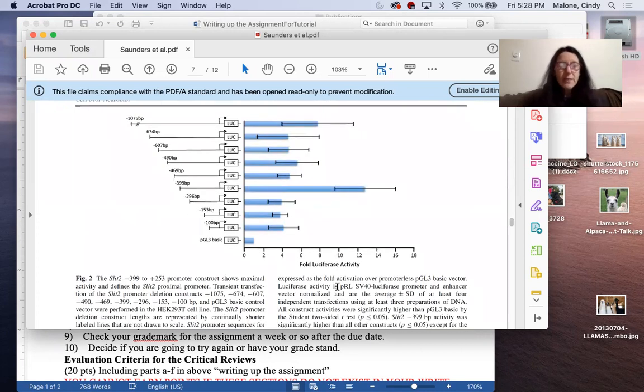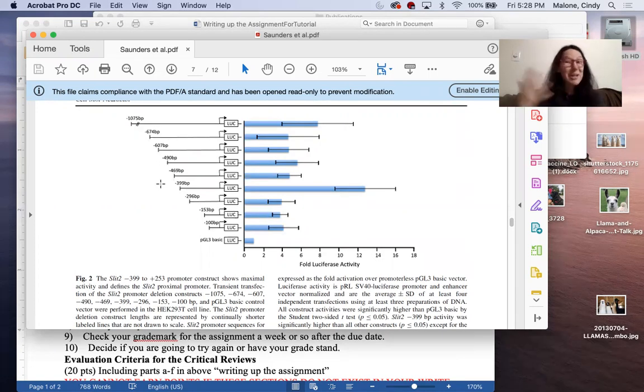So what's the hypothesis? Well, not every article is just going to tell you what our hypothesis is. They might say, we think, blah, blah, blah. The authors had to think something or they wouldn't be able to do this experiment. So for this one, they'd say something like, we think, because of our data, maximal activity would occur at our -399 piece.